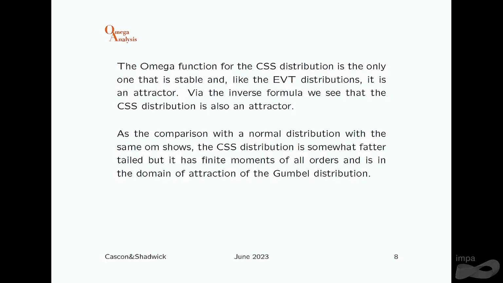And unfortunately, that means it's impossible to exactly compute the distributions corresponding to powers of its omega function. They all exist because its mean is finite, so its omega function is well defined.